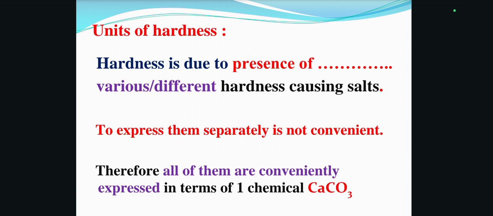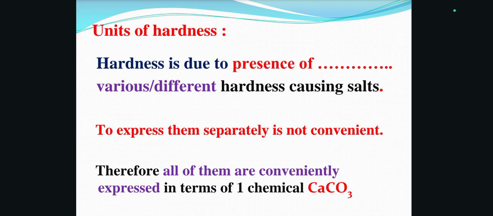So different kinds of salts are there, and they are responsible for making water hard. So it becomes very difficult to express them separately, because a number of salts are there. How can we express them individually, separately?